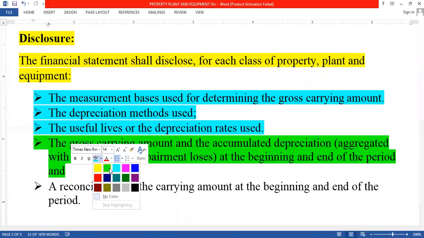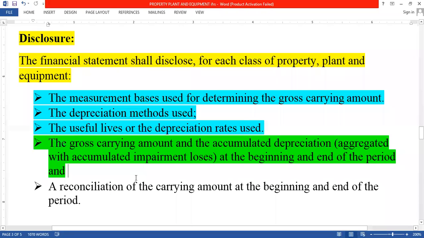In the next one, they are disclosing the gross carrying amount and the accumulated depreciation, in brackets aggregated with accumulated impairment losses, at the beginning and the end of the period.